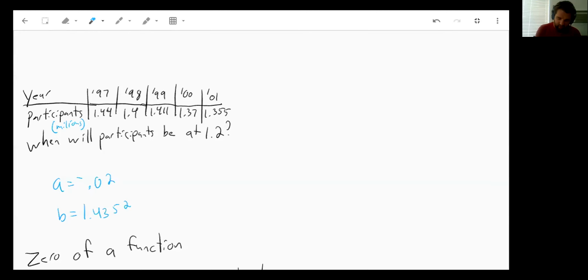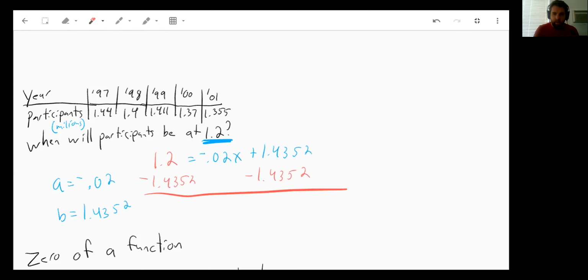In this case, we know our A and our B, so we can just do y equals negative 0.02x plus 1.4352. And we want to know, when does y equal 1.2? So we can replace our y here with that 1.2 and solve for x. Subtract the 1.4352 from both sides, which comes out to be negative 0.2352.